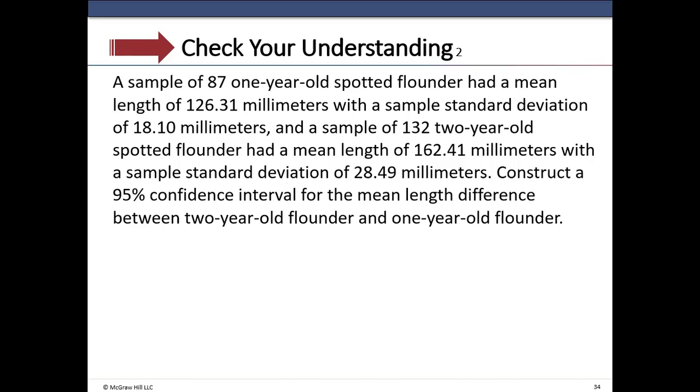And x2 bar is 126.31, actually. 126.31. And sx2 is 18.1, n2 is 87, okay, and 0.95, and pooled no, and we calculate. So it is between 29.894 and 42.306. Yep.